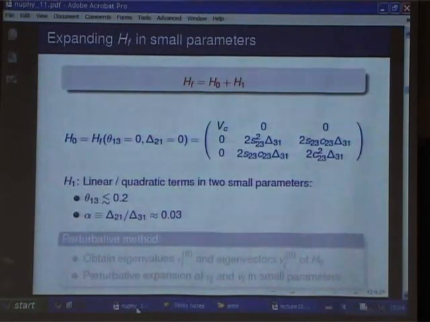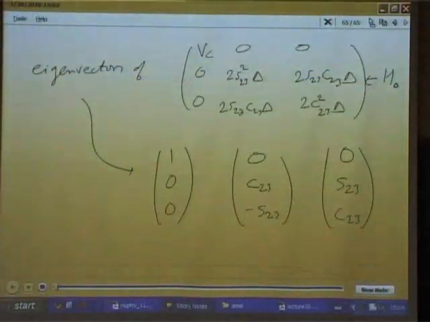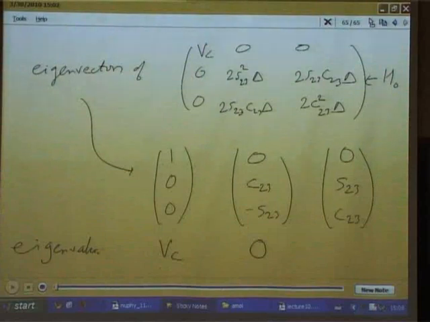VC times the determinant of the matrix, which is 0. So you know one eigenvalue, which is 0. So for eigenvalues we have got VC, then you got a 0. What is the third one? Yes, delta 31.